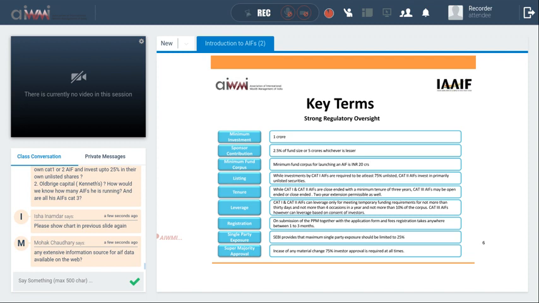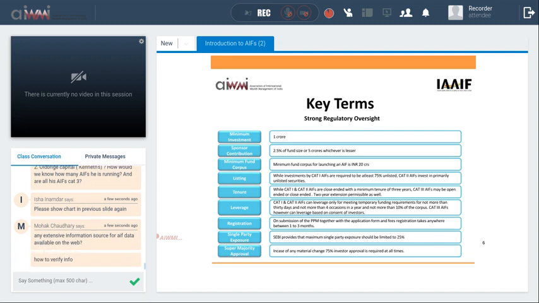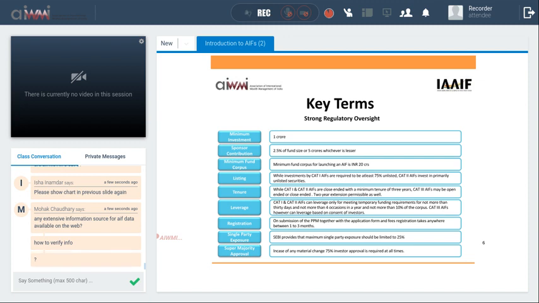But essentially, given that it's a private placement market, you will have trouble finding information relating to AIFs, because the intention from SEBI's side is clearly not to have this information publicly available, because it can mistakenly lead an investor to invest in an AIF where they may not fully understand the risk.